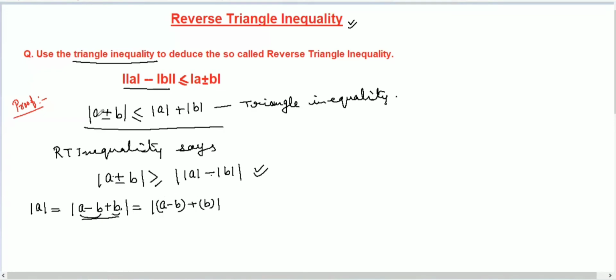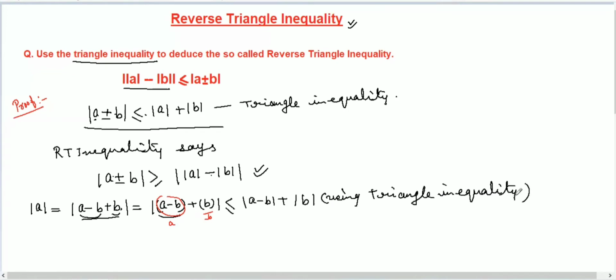If you see the triangle inequality, the absolute value of A plus B is less than or equal to the absolute value of A plus the absolute value of B. So consider this is your A, and this is your B. This one is the whole A. So use the triangle inequality: this will be less than or equal to the absolute value of A minus B plus the absolute value of B. So equate this and this.